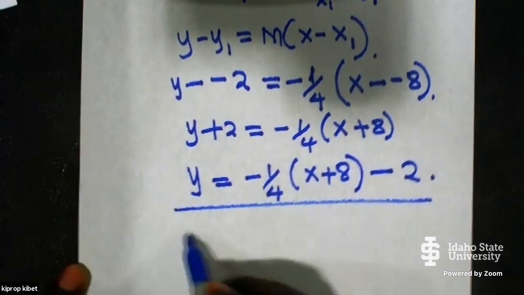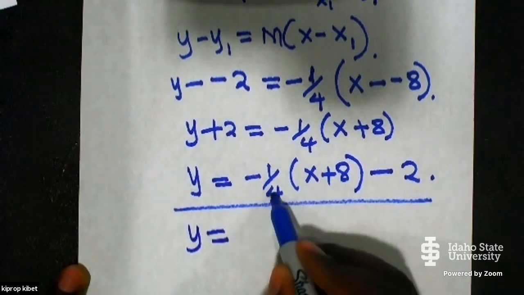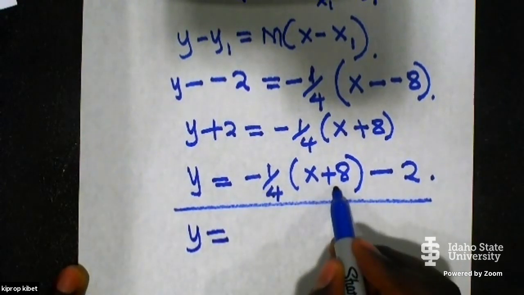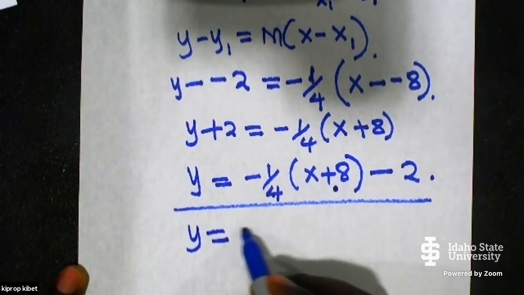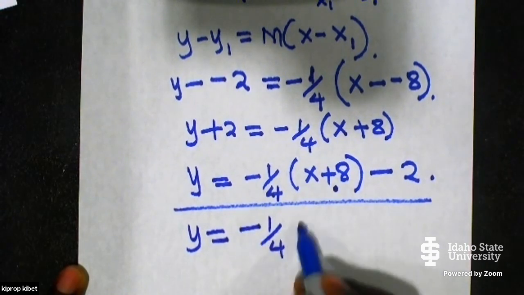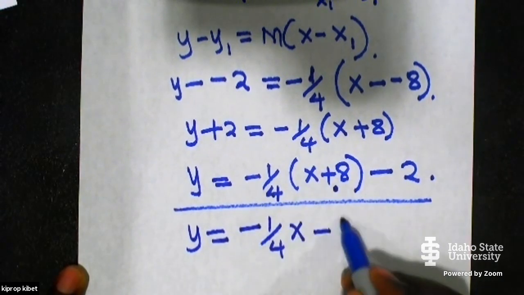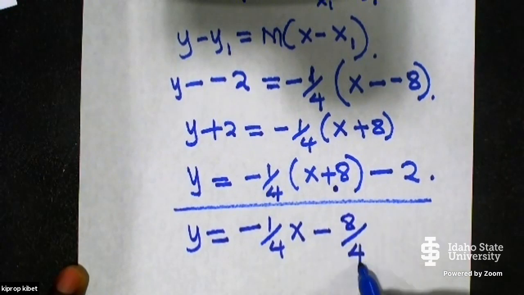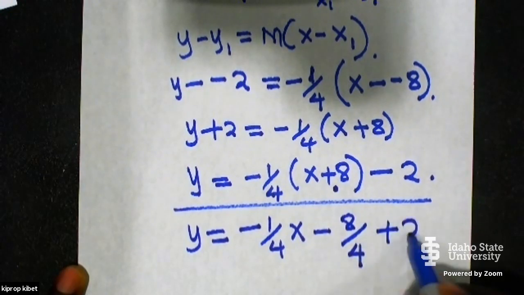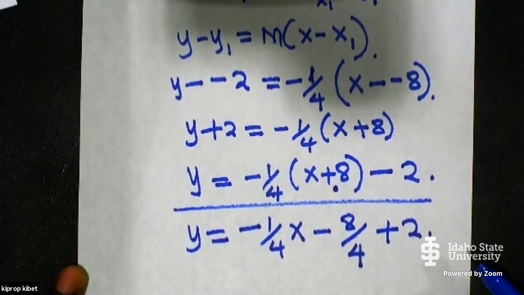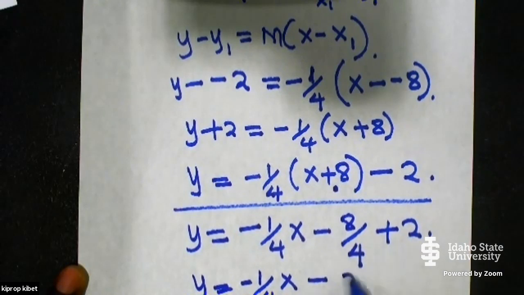So y equals, multiplying by minus 1 over 4 inside here, you get minus 1 over 4 x minus 8 over 4 plus what? Plus 2. So y equals minus 1 over 4 x minus 2 plus 2.